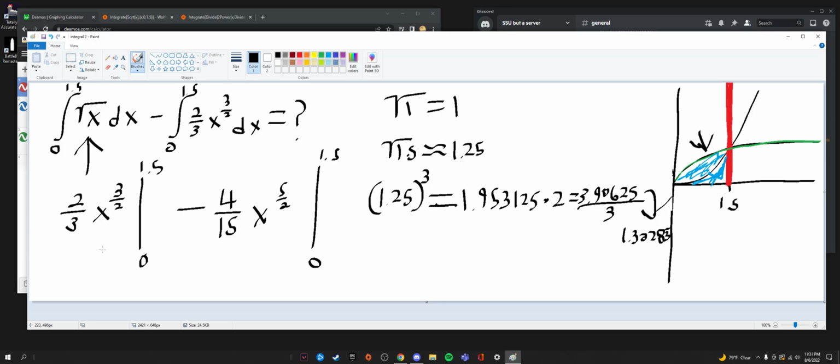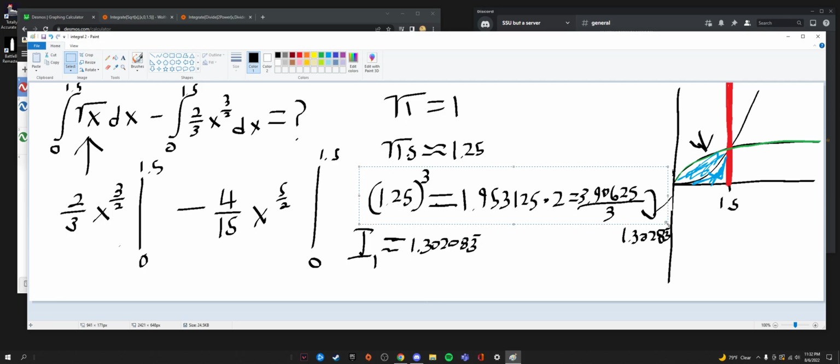We'll do I sub 1 is approximately equal to 1.302083 repeating. Now that we have that, I'm going to erase this and calculate our second integral.